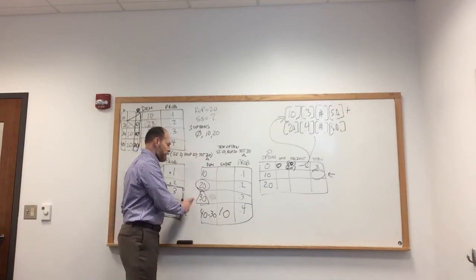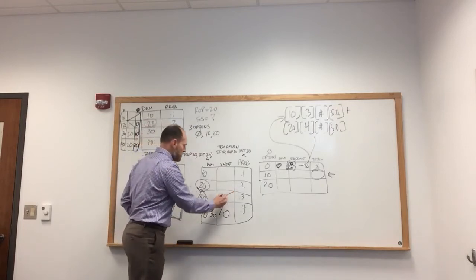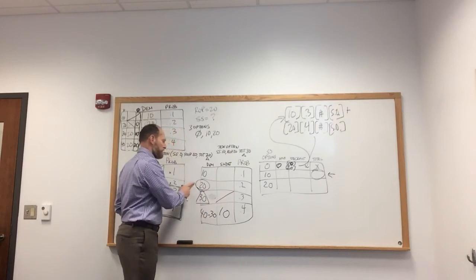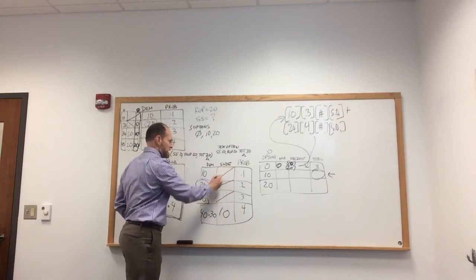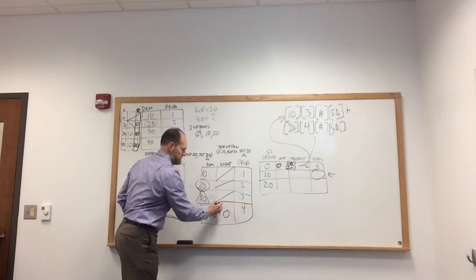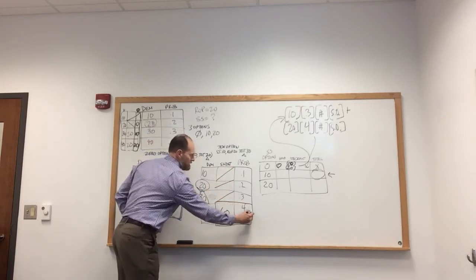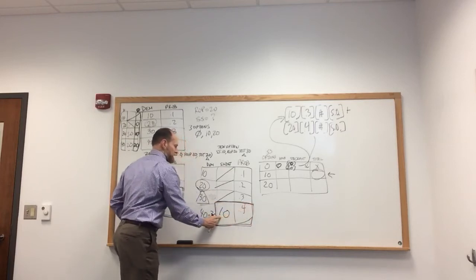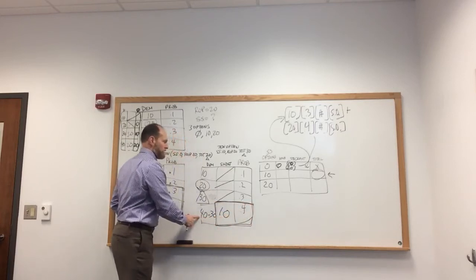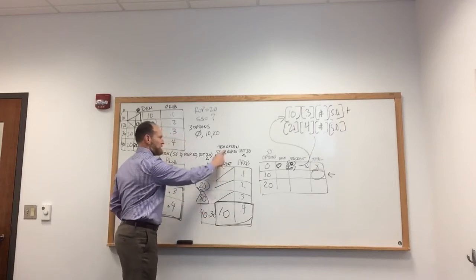But if demand is 30 and we have 30 on hand, we don't have a shortage. And if demand is 20 and we have 30 on hand, we don't have a shortage. So the only contingency we need to be concerned with is if demand is 40 with our 10 option.